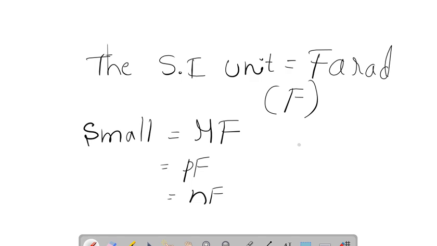And the symbols: the capacitance of the capacitor can be denoted by this symbol. This is for a fixed capacitor.